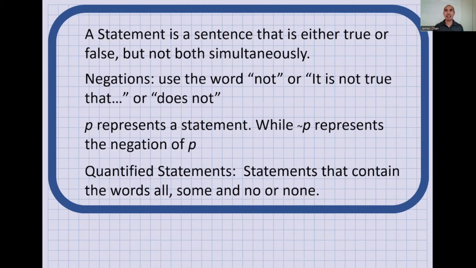It doesn't have to be p and q all the time, or r or s or t. Those are typically the common letters they use. If you look at this, you will see that this little squiggly in front of p means this is the negation of p, or "not p," we would call it.